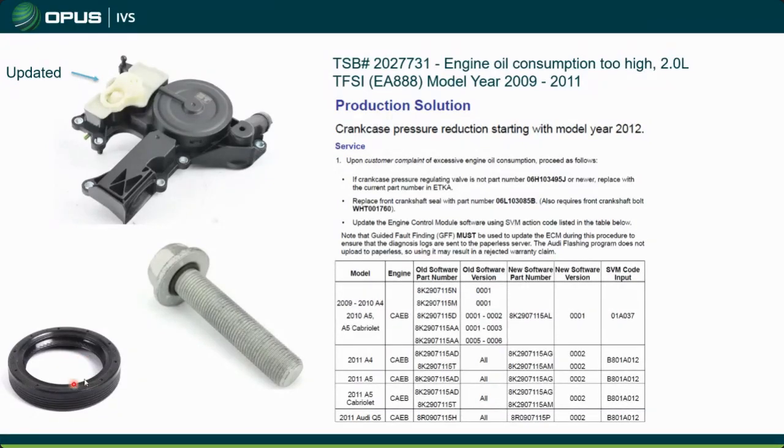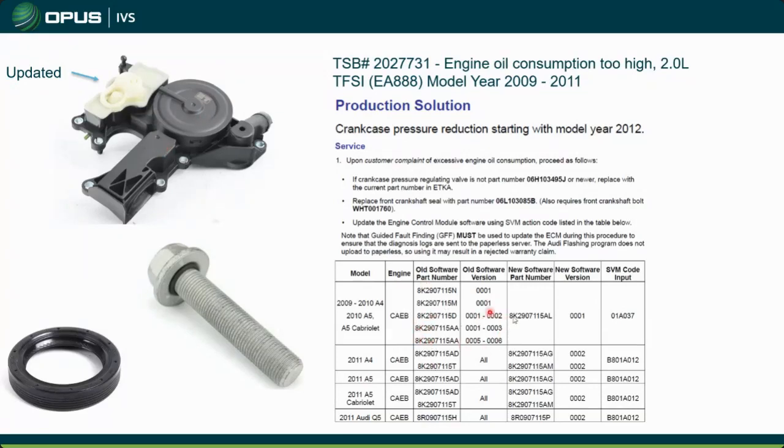And you can see that basically every CAEB engine, A4, A5, Q5, they all are going to have this issue at some point and have to be updated to this system. Now, don't go off of this.